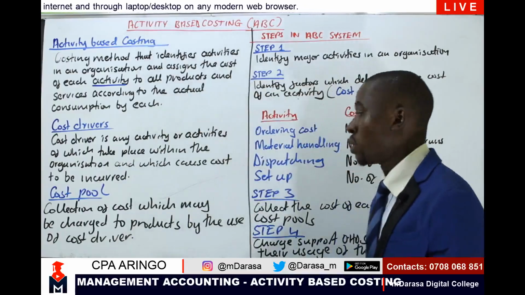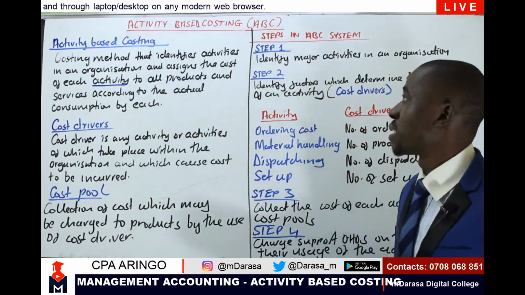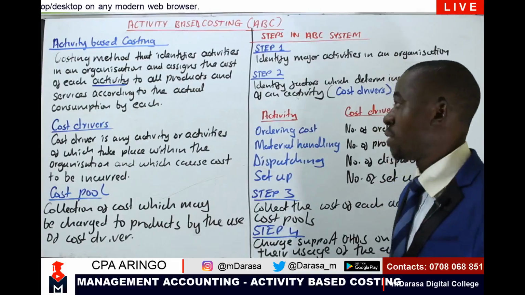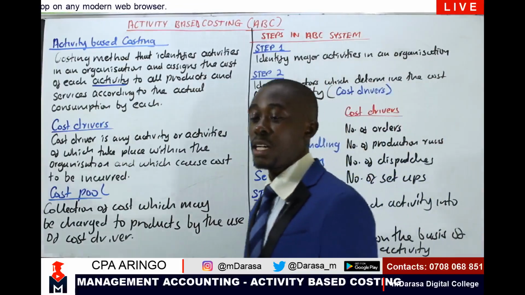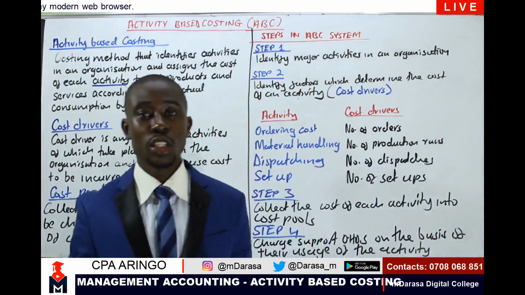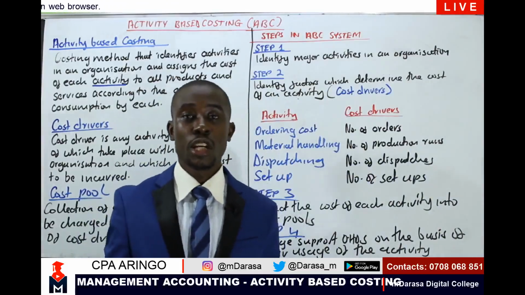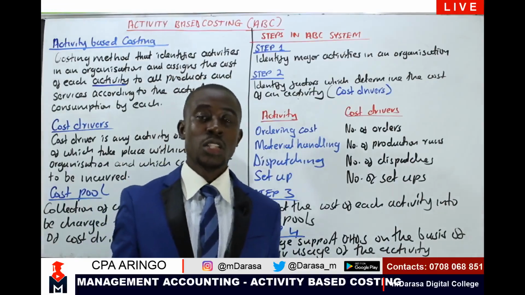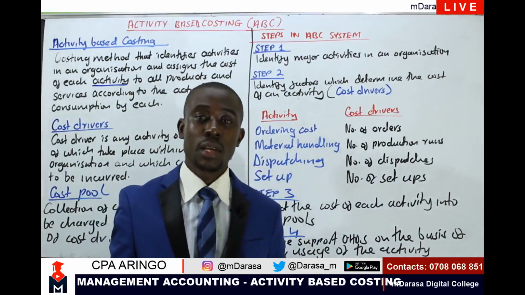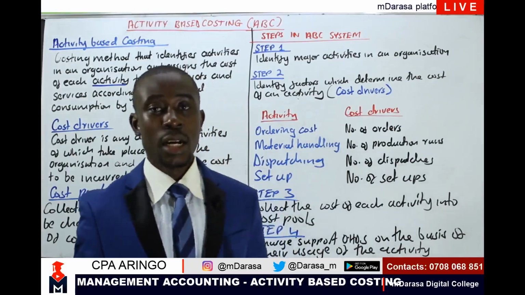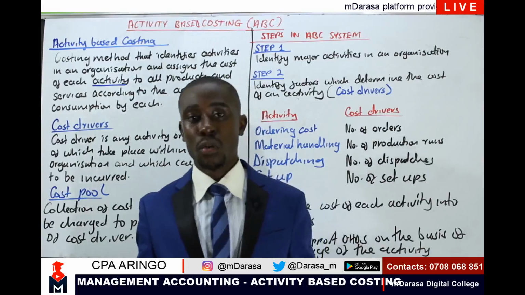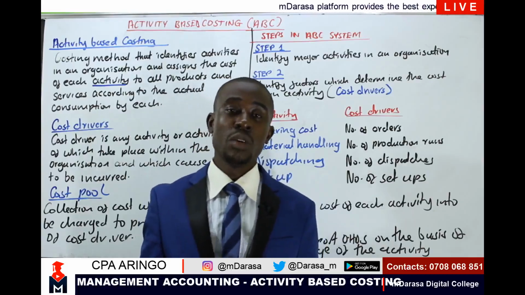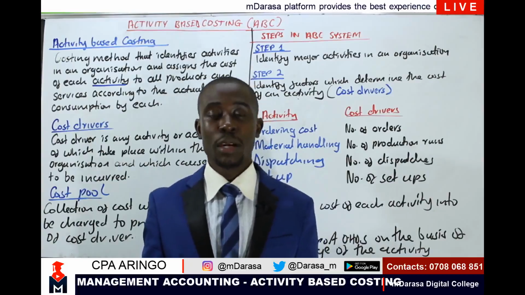So my good students, up to that point it is as if we've gone through almost the whole concept of activity-based costing, understanding each and every step and concept. So long as you have in mind that it's just a method of allocating our overheads. At the end of the day, our main concern is to determine the cost per unit.